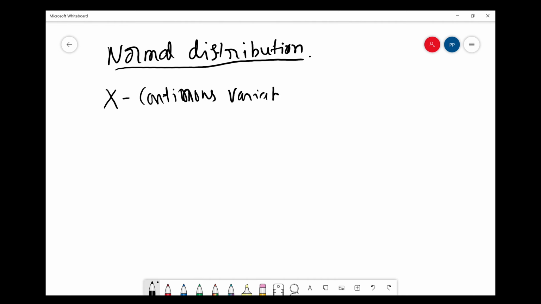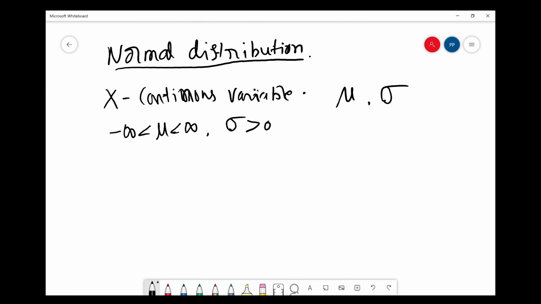Consider two constants, mu and sigma, where mu is between minus infinity and plus infinity, and sigma is greater than 0.